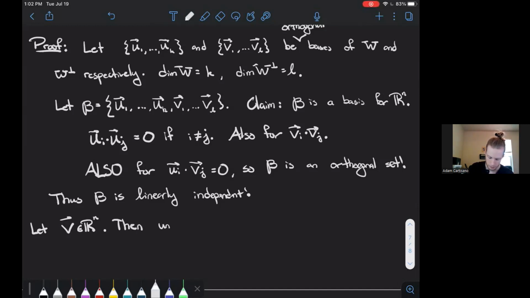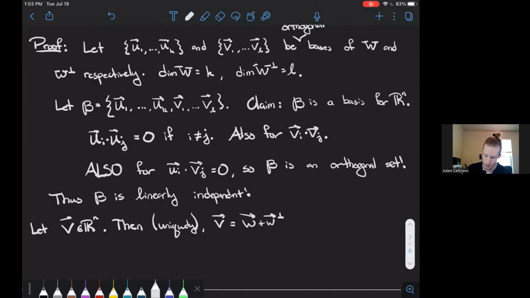Then uniquely, V is equal to w plus w perp, where little w is a vector inside of W, and little w perp is a vector inside of W perp.